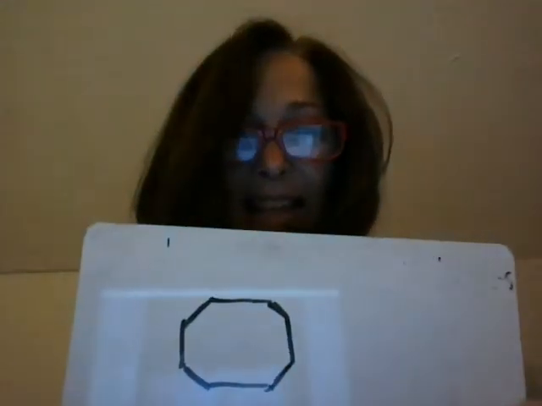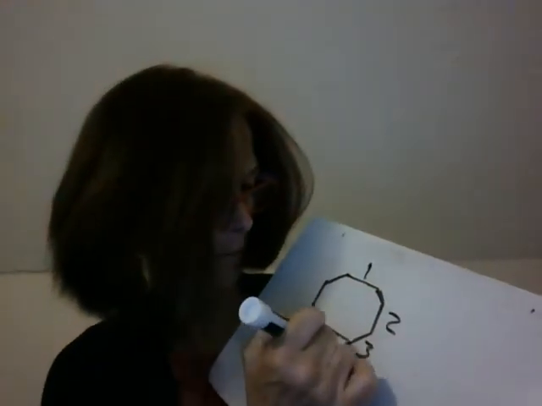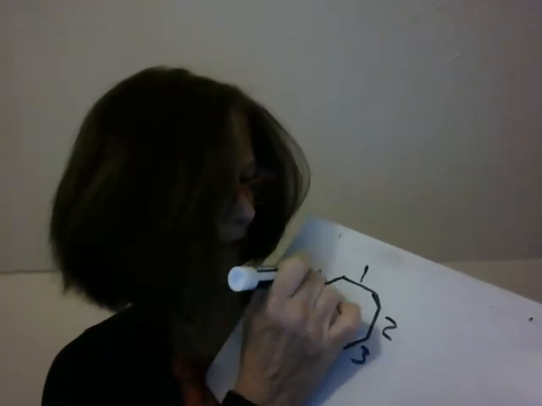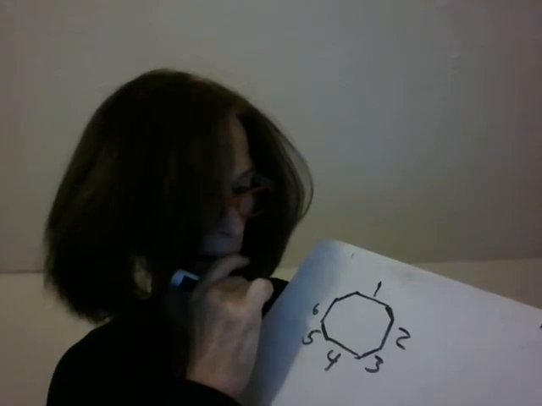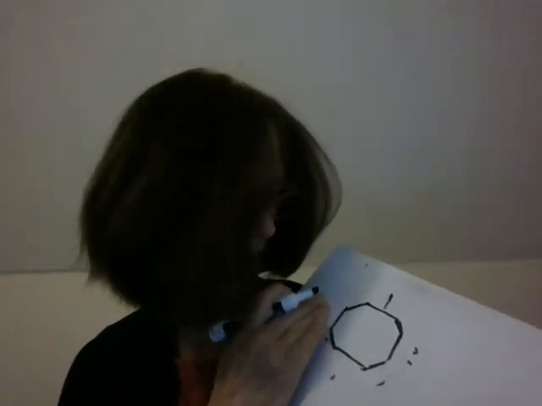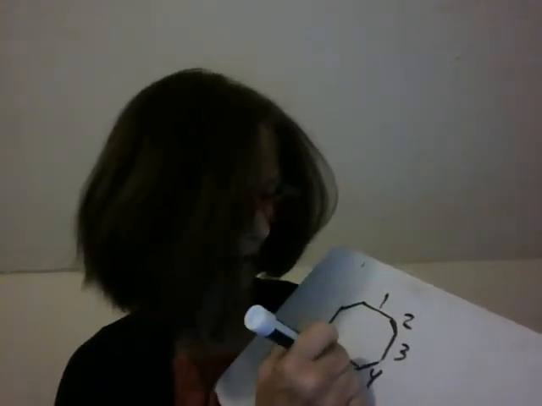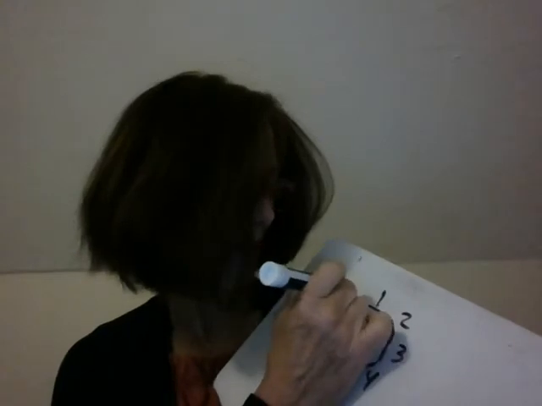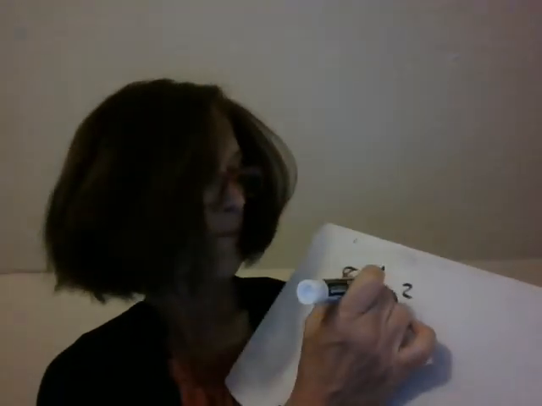Okay. This is the best I can do. This is going to be an octagon, okay, guys? 8 sides, 8 corners. 1, 2, 3, 4, 5, 6. Oh my gosh. Oops, sorry about my numbering. This is challenging. 2, 3, 4, 5, 6, 7, and 8. 8 sides, 8 corners. You ready?